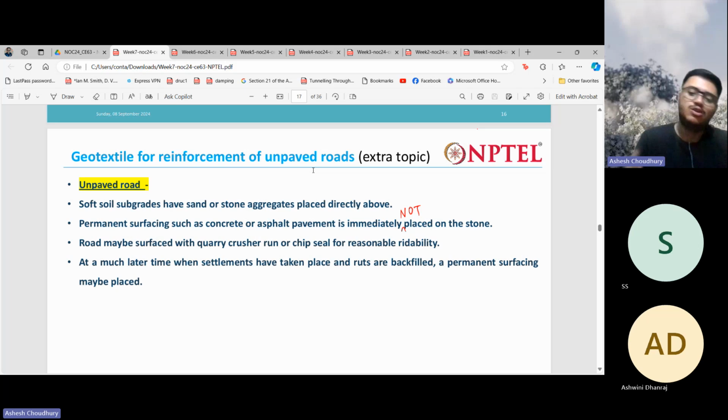An unpaved road generally requires a thickness of 100 mm, and if we use a geotextile layer, the thickness of the aggregate required to construct the unpaved road reduces from 100 mm to, say, 50 mm. How much reduction in thickness actually happens, we calculated in this topic.